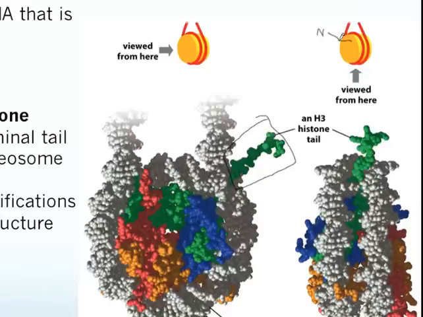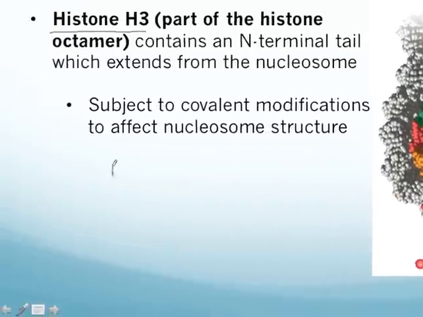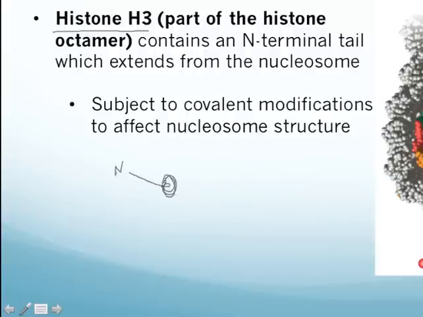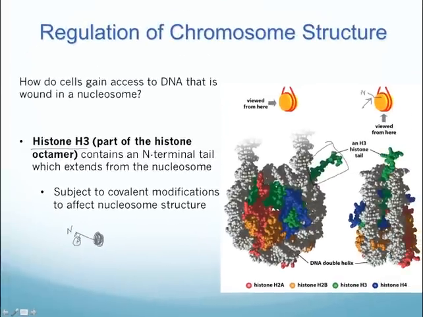And what happens to histone H3 is that there are lots of enzymes that come by, and they will covalently modify the amino acid side chains in this tail. So you'll have a tail here, right, and you'll have your nucleosome, and the tail's sticking out, and what will happen is a kinase might come by here and phosphorylate an amino acid on that tail. Okay, so histone H3 is subject to covalent modifications, and this will actually regulate and affect how tightly the chromatin is wound together.